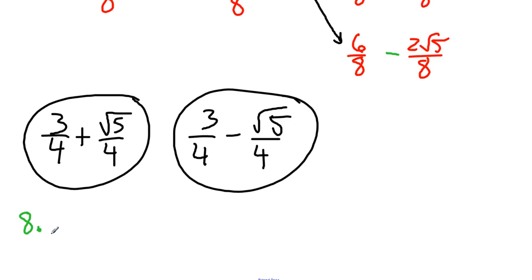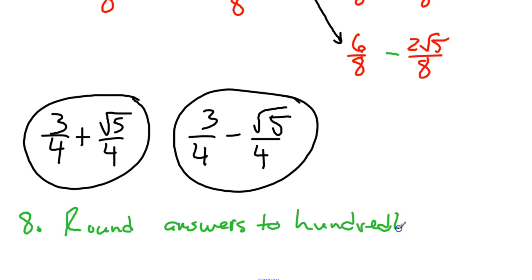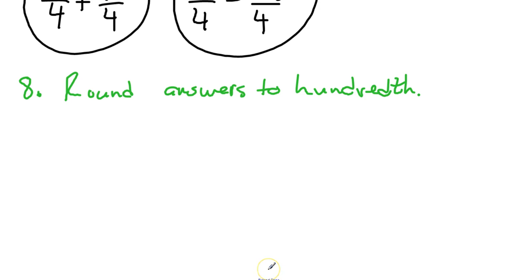Okay, number 8, still quadratic formula, but this time it tells you to round your answers to the nearest hundredth. So this is the first one where you don't want to have decimals in the answer, or square roots in the answers.